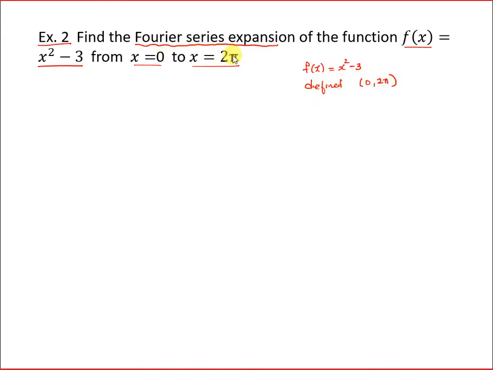We get these values from here. So the very first step here is to find L, because we need the Fourier series expansion of this function, right? So to find L, what we have to do?